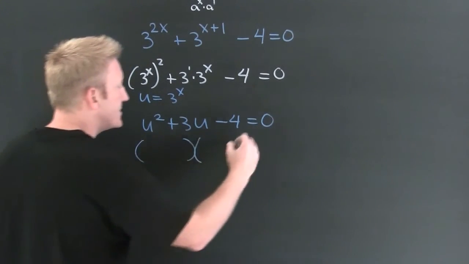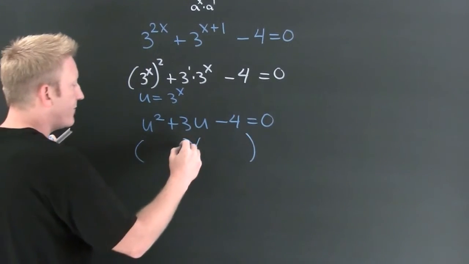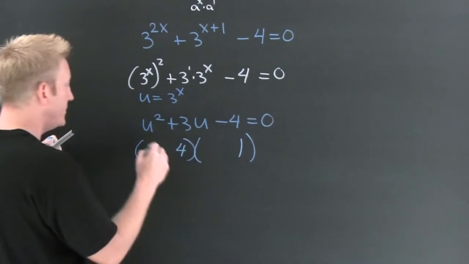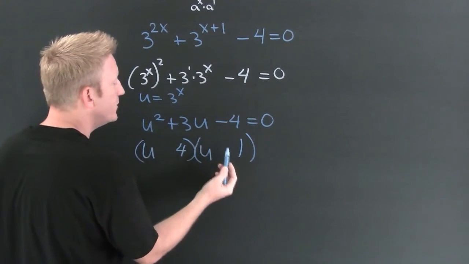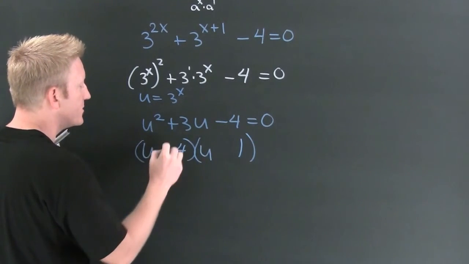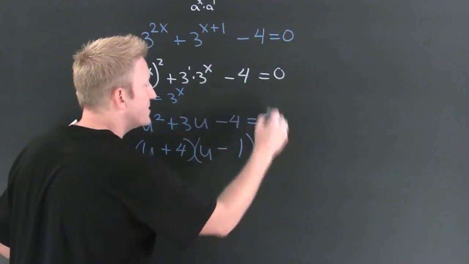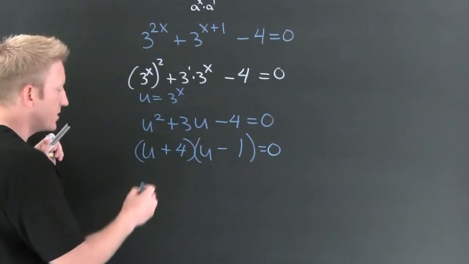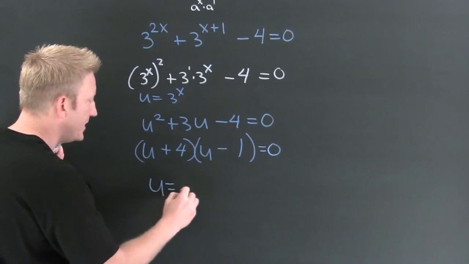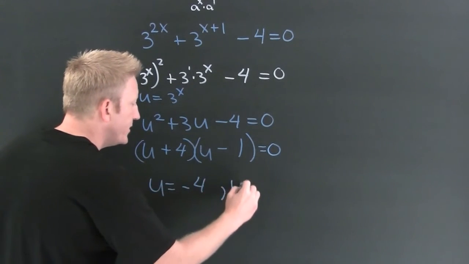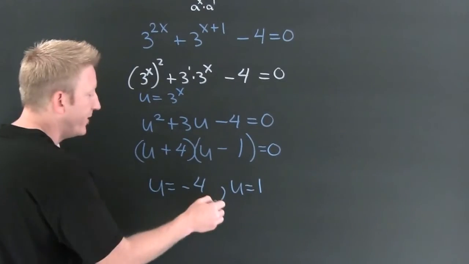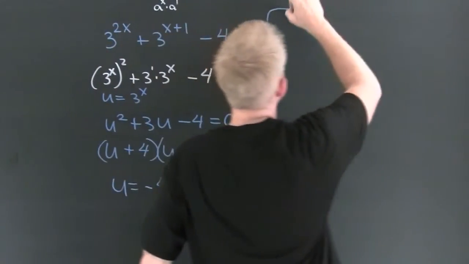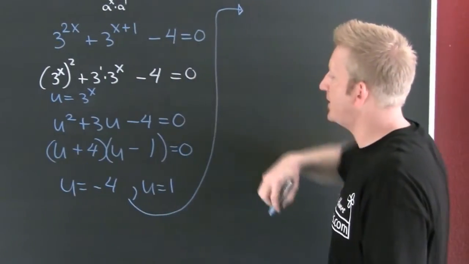You've got that 4 and 1. u and u. The signs are different and the big one's positive and that's negative. Now, we want to solve each one of those. u is going to be equal to minus 4 or u is going to be equal to 1. I want to back substitute that right on up in there.